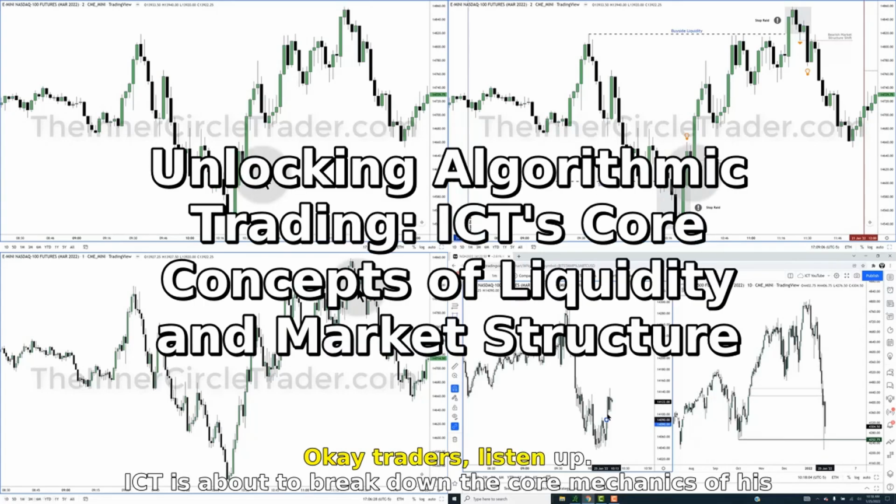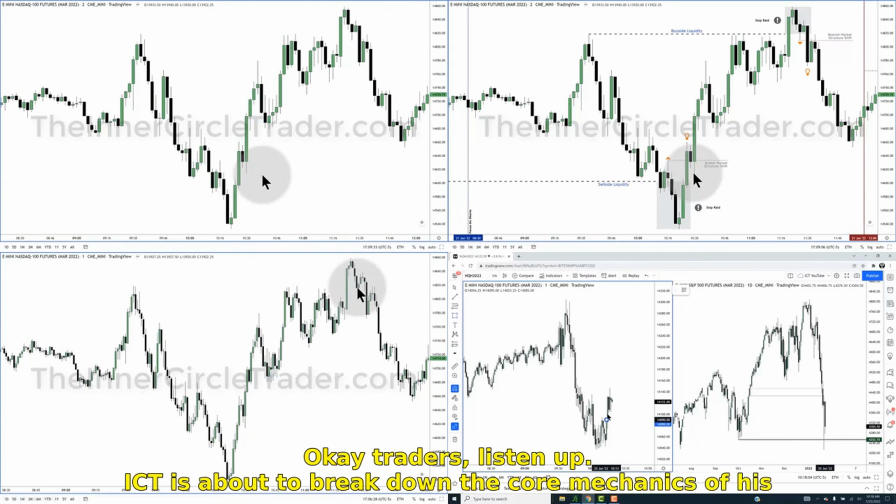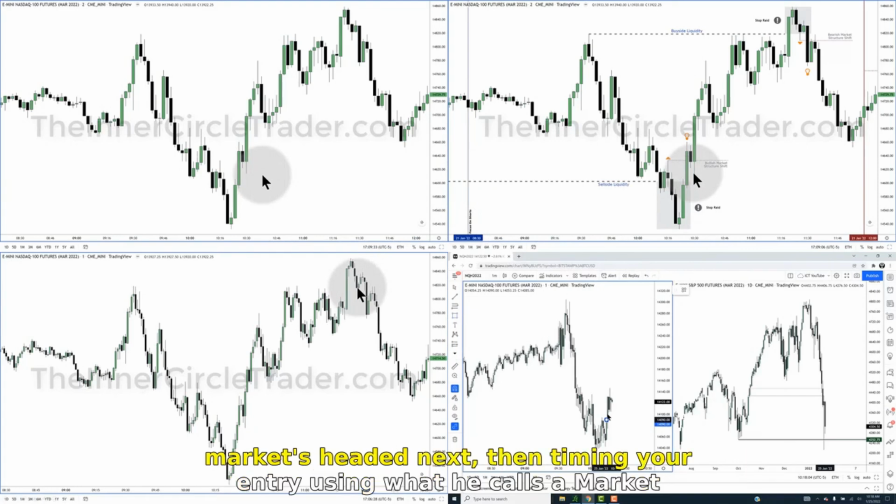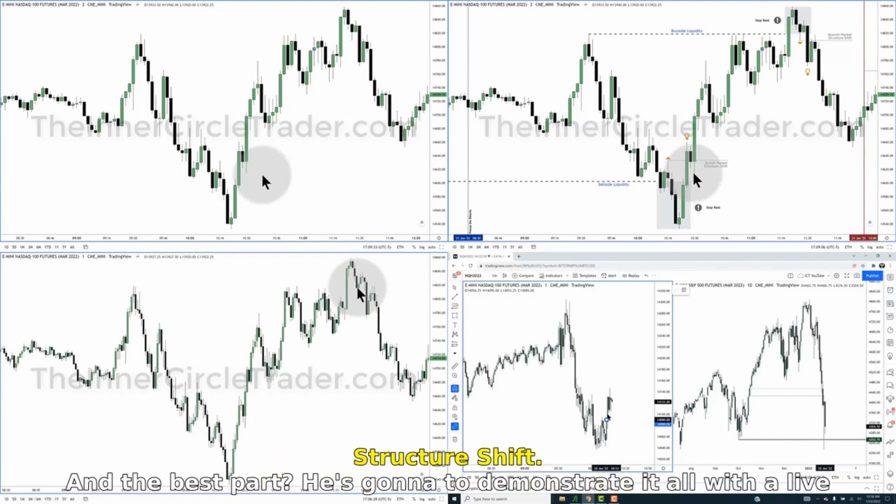Okay, traders, listen up. ICT is about to break down the core mechanics of his algorithmic trading strategy. Imagine tracking liquidity to pinpoint where the market's headed next, then timing your entry using what he calls a market structure shift. And the best part? He's going to demonstrate it all with a live trade.